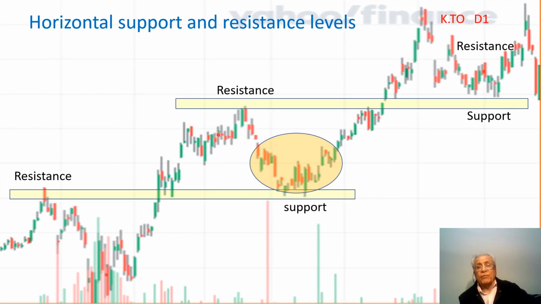This is Yahoo Finance K-Stock D1 time frame. Each candle represents 1 day of trading. This is a horizontal support and resistance level.